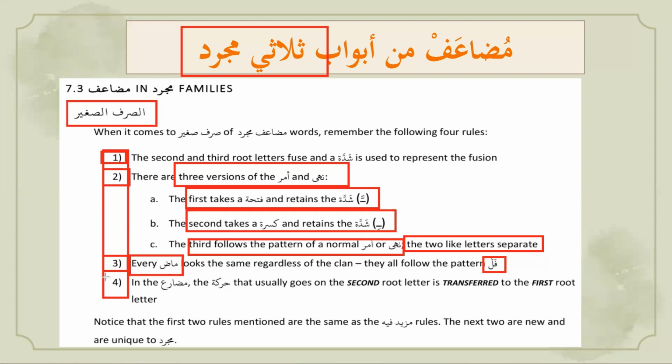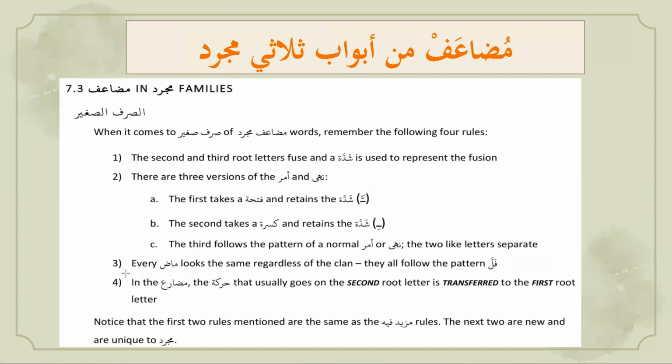Okay, and then the fourth rule. Coming back to the fourth rule, it is about the present tense. The fourth rule is about the present tense. And what happens? The haraka that usually goes on the second root letter is transferred to the first root letter.